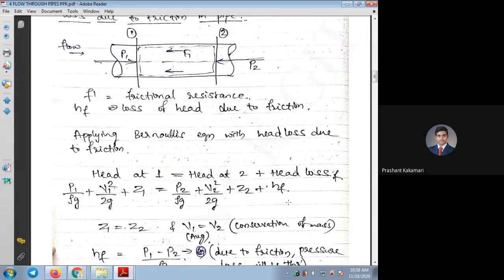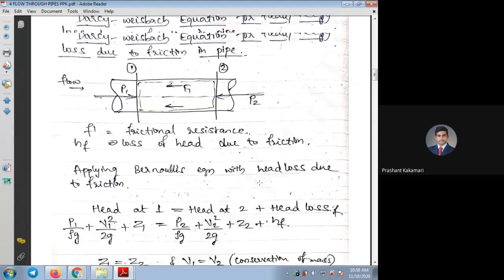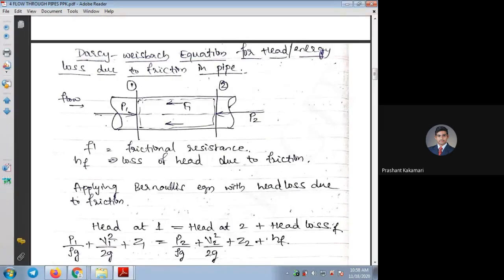Same Bernoulli's equation. So for the simple pipe, we have considered again section 1, section 2, that is inlet and outlet. These friction losses are at the perimeter or periphery of the circular flow. If you consider the water particles flowing in a pipe, the outer layer of the fluid, we call it a boundary layer. You see that boundary of the fluid as a circular layer in contact with the pipe.